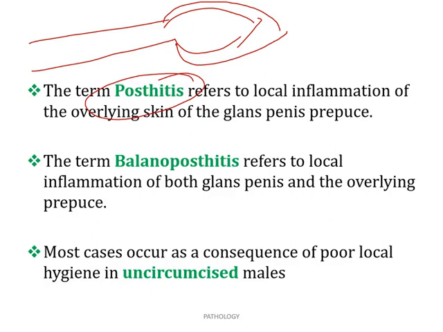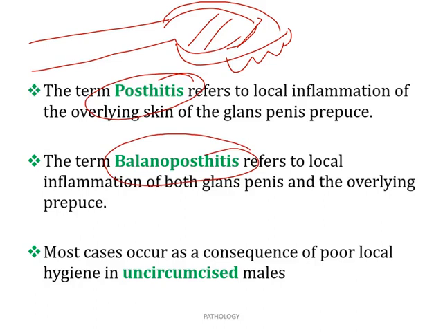Because of the close relationship between the glans penis and the overlying skin, sometimes it is very difficult to have isolated infection of the head itself without involving the overlying skin. So due to that, we prefer to use the term balanoposthitis.